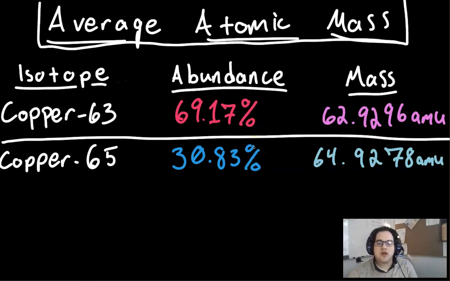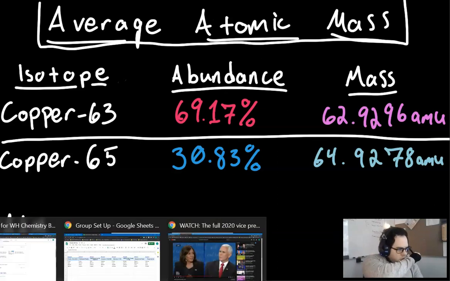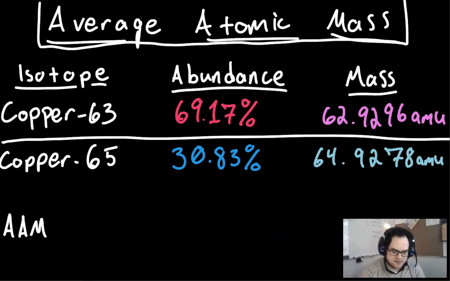Now to set this up, what we're going to do is convert these abundances into their decimal form. We do that by dividing them by 100, or just sliding the decimal point over to the left 2 positions. So when we write this out, the atomic mass, I'm just going to write AAM, or you could just write atomic mass equals.